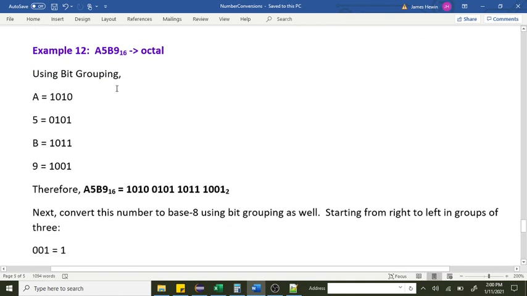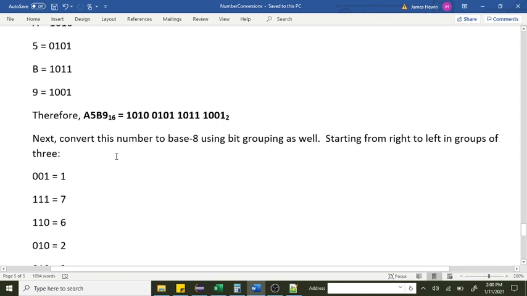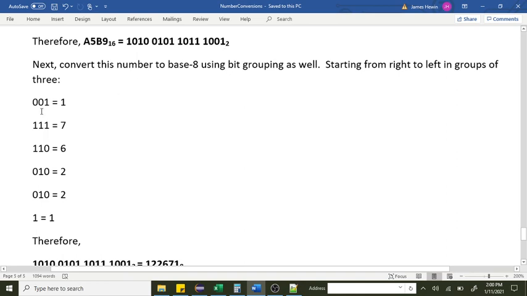And then same thing for going from base 16 to octal. Convert your base 16 number to binary just by writing out the bits that correspond to each hex digit. Now you've got it in binary, and you convert this to base 8 using bit groupings, but now you're doing groups of 3. So you have 001, which is 1, 111, which is 7.